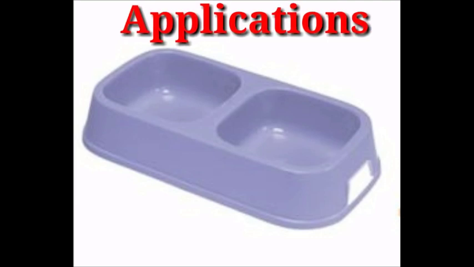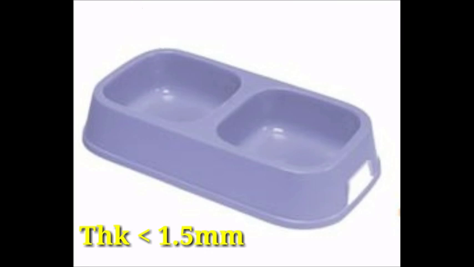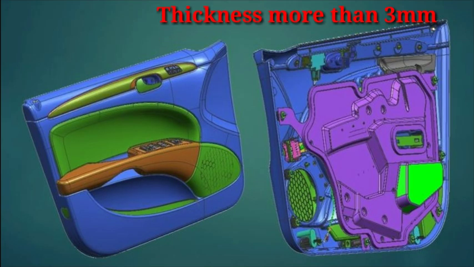The main applications of thermoforming begin with thin gauge thermoforming, where the sheet thickness is less than 1.5 mm. It is the primary manufacture of disposable cups, containers, lids, trays, blisters and other food products which we have mostly seen around us. The second is thick gauge thermoforming, with thickness greater than 3 mm sheets.